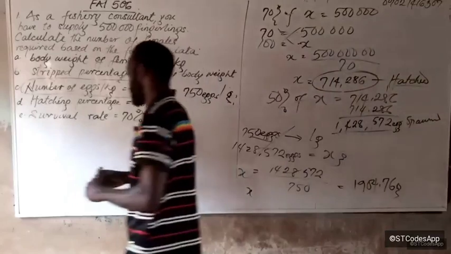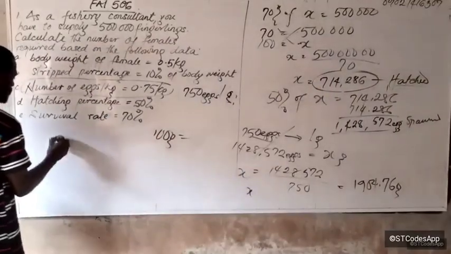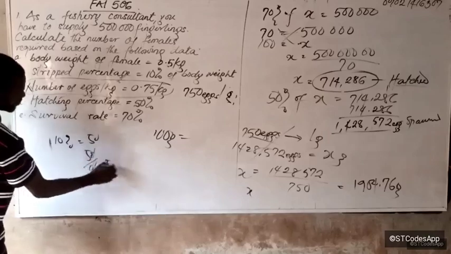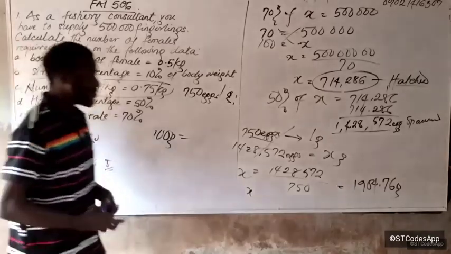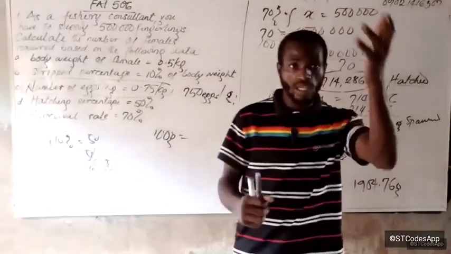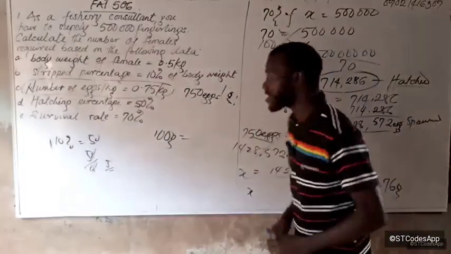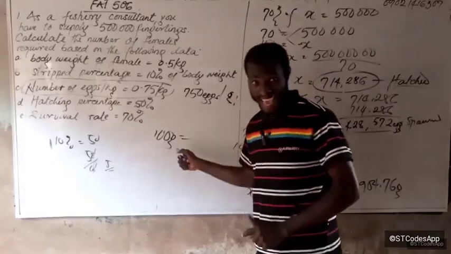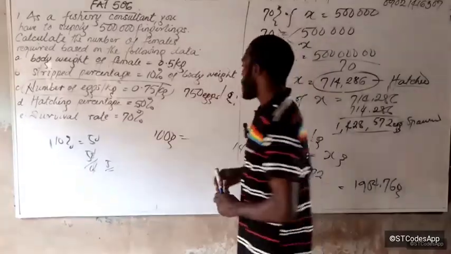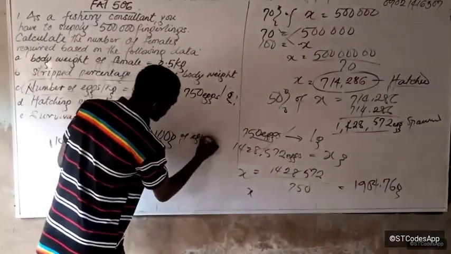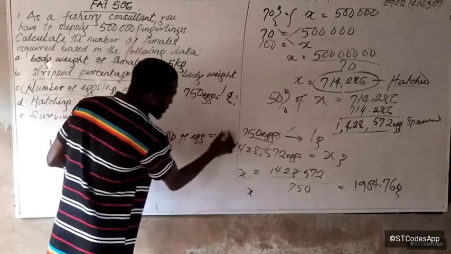If I say 10% of 50, just say 50 over 10, you get 5. Do you understand? So 10% of 1 kg is 1,000 over 10, which gives you 100 grams. So 100 grams of eggs will be stripped per kg.